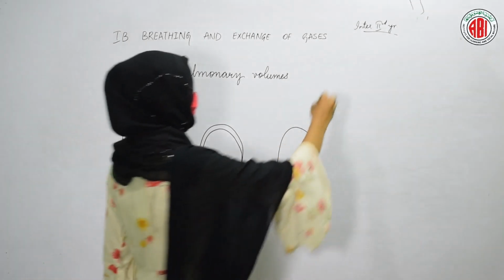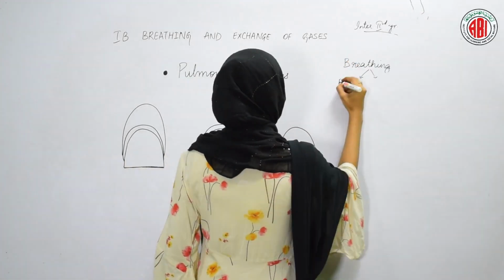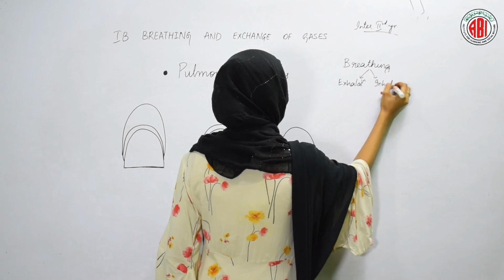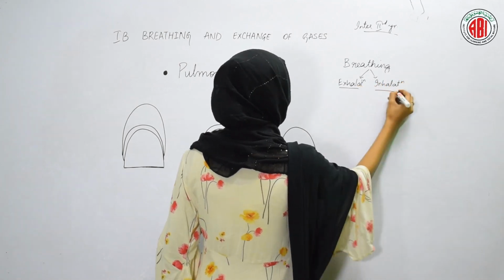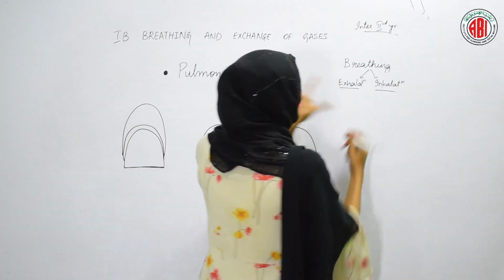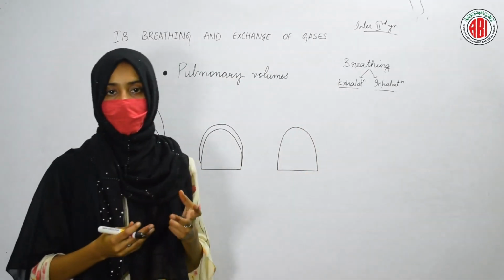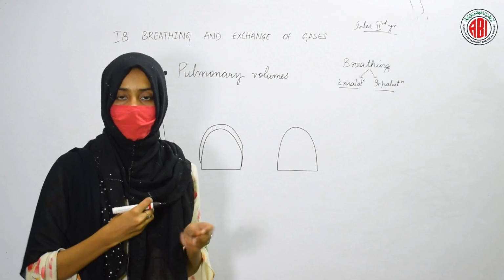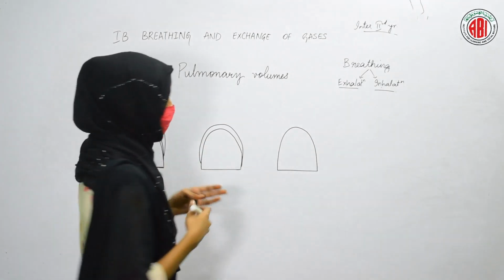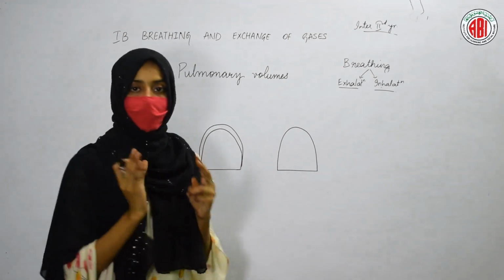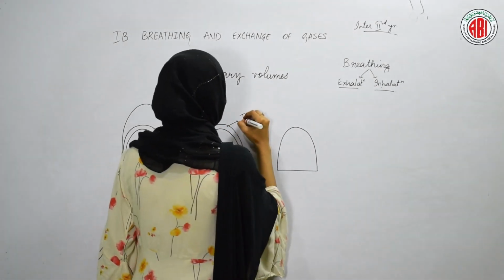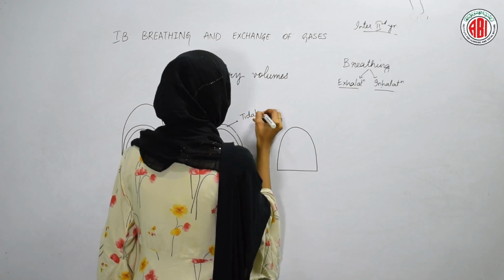We know that breathing includes two steps: exhalation, that is expiration, and inhalation, that is inspiration. Both these steps together can be termed as breathing, right? So the amount of air we take in and the amount of air we breathe out of our lungs, that particular volume of air is called tidal volume.